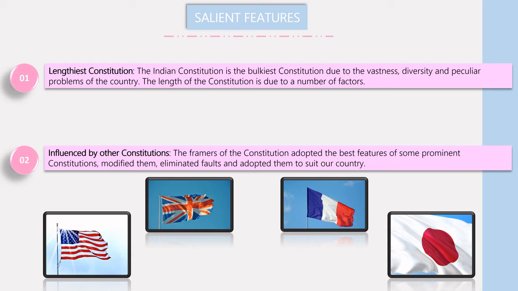Ninth, fundamental duties, ideal of justice and 5-year plans from former USSR. 10th, suspension of fundamental rights during emergency from Germany. 11th, concept of procedure established by law from Japan.